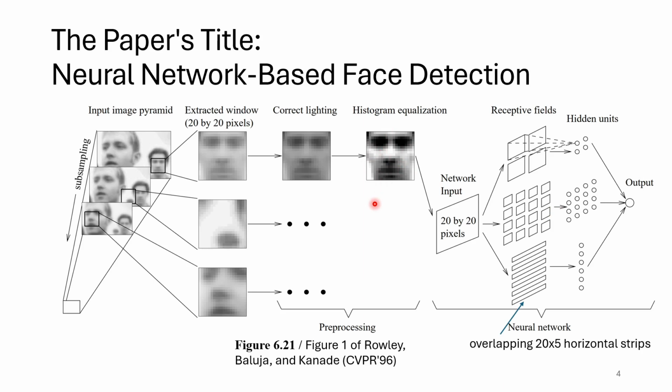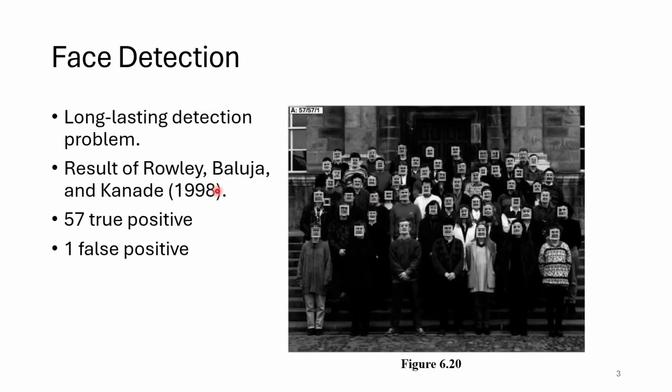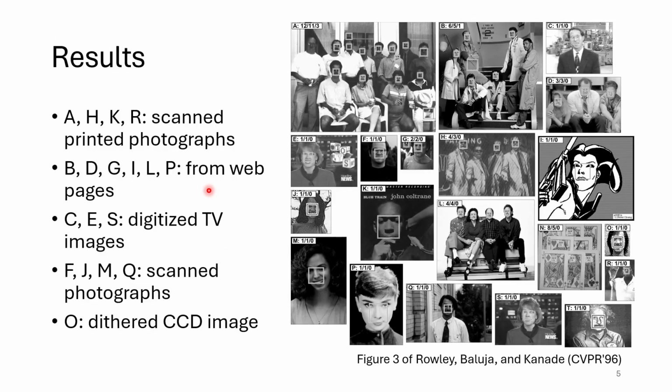Okay. So what I want to emphasize is that the research was done 28 years ago, and their result looks promising. They tested their algorithm on many different types of images, including photos, printed photos, or digitized TV images.